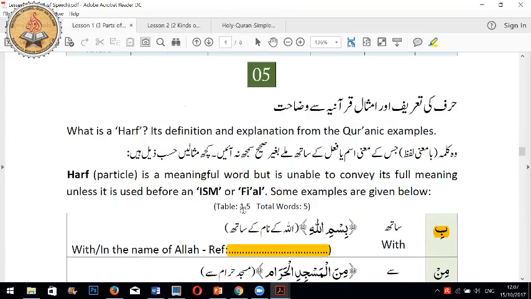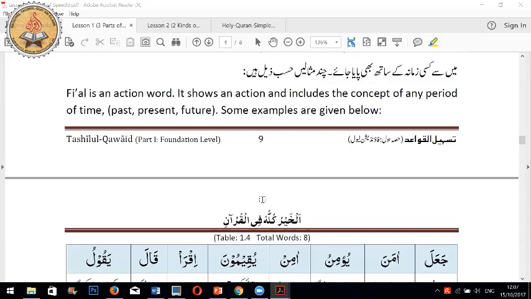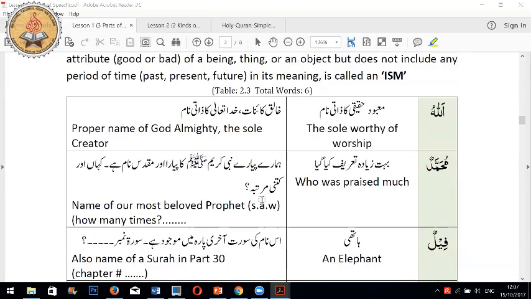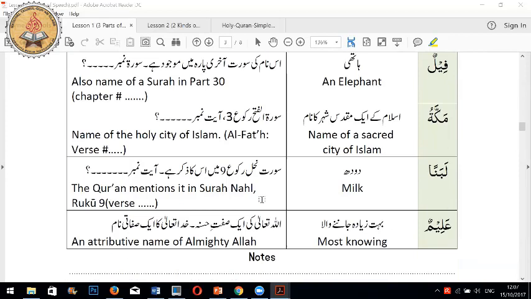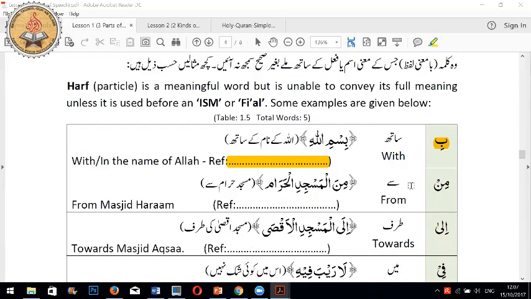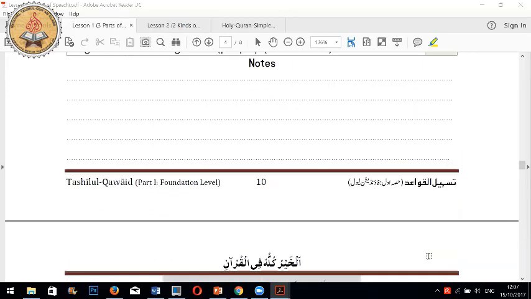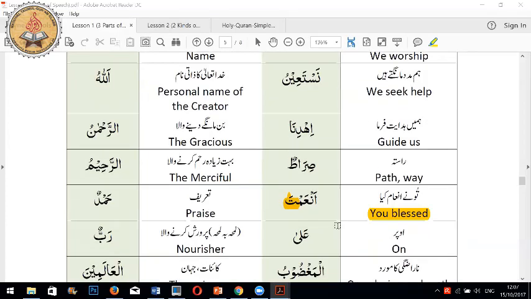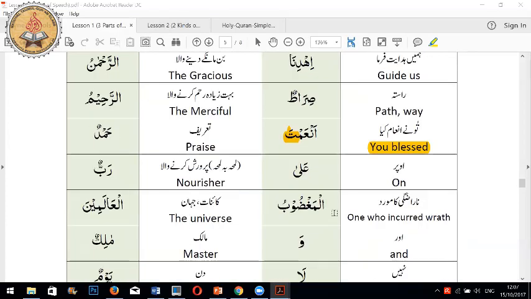This is table 1.5, where the examples have been given. 1.5, 1.4, the tables with the examples, not the sheets of the test. Yes, that's why I was referring to min, bi, ila, like that. There are two tables where the examples have been given in the lesson, and the sheets were test sheets 1.1, 2, 3. These are the exam test sheets. Okay, jazakallah Hafiz, that's good.